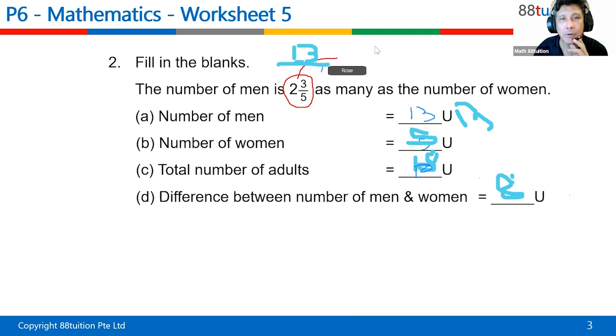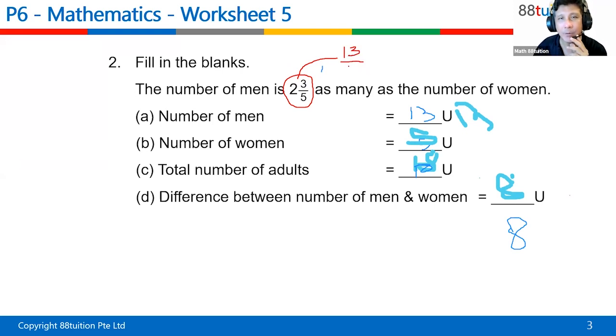Your friends have actually changed it for me. When you change 2 whole and 3/5, 13 is the numerator because we are changing into a denominator of 5.